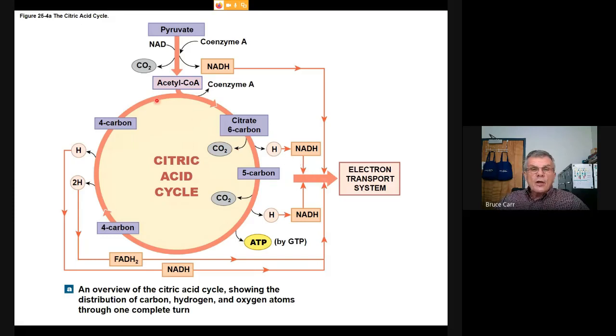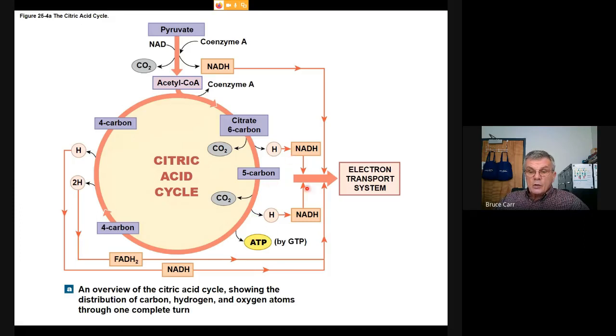So when we think about the balance for glucose in the citric acid cycle, its main point is to evolve the CO2. We're going to make a net profit of 1 ATP per turn. Since there are 2 pyruvates coming from a glucose, you get 2 ATP from this system.